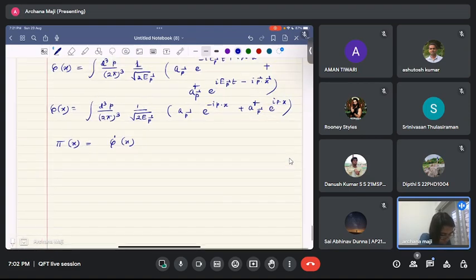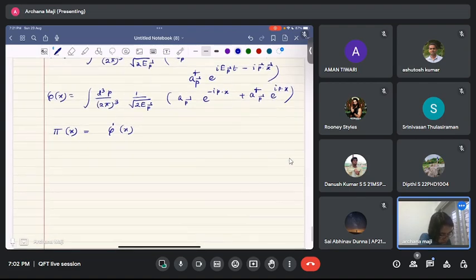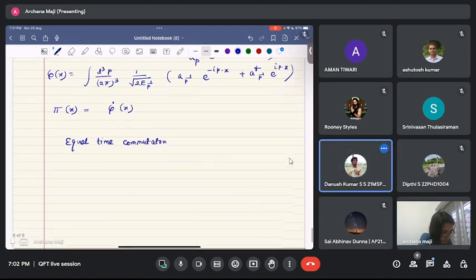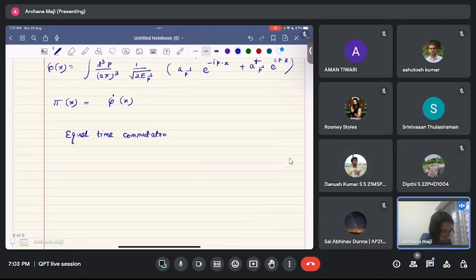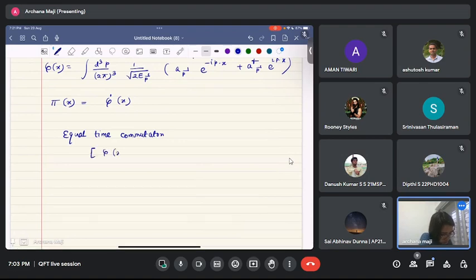So now what will be the canonical commutation then? We write down the equal time commutator, and this commutation relation holds true when t equals 0, in both the pictures, delta 3 of x minus y.